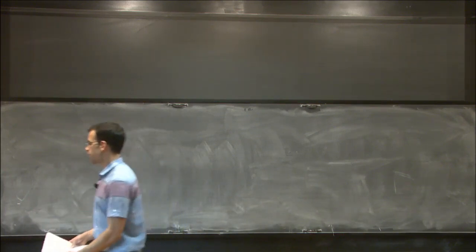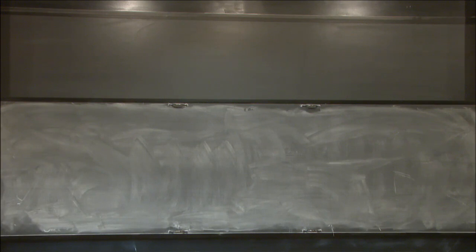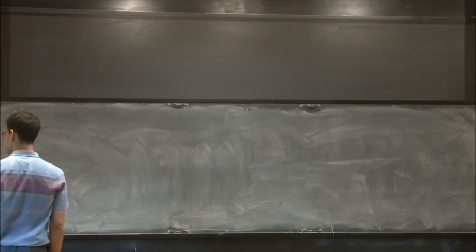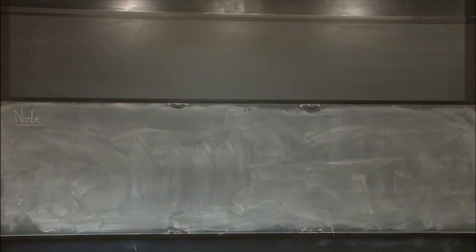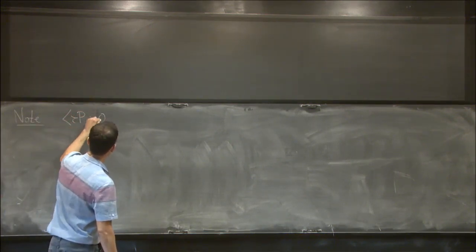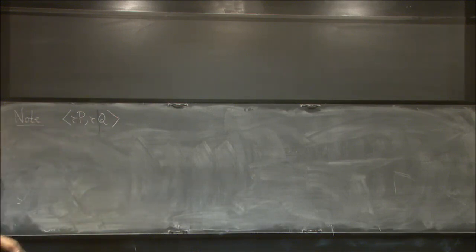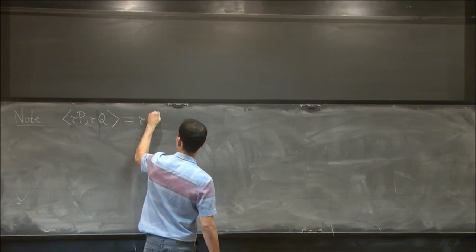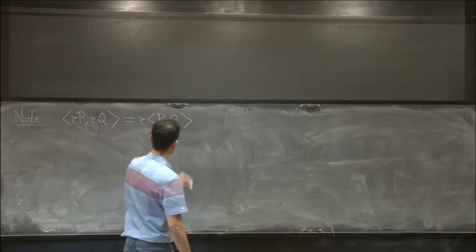Okay, so why is it important to consider these derived regulators? Why do they show up here? If I call this height this one, and this one upper 2, by the Galois equivariance of this height, if I let tau be a complex conjugation, this will be the same as tau p, q.